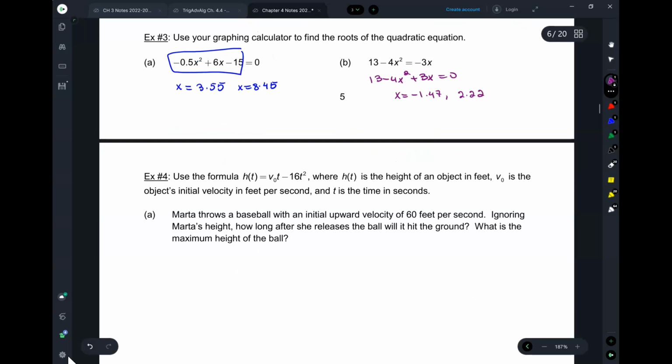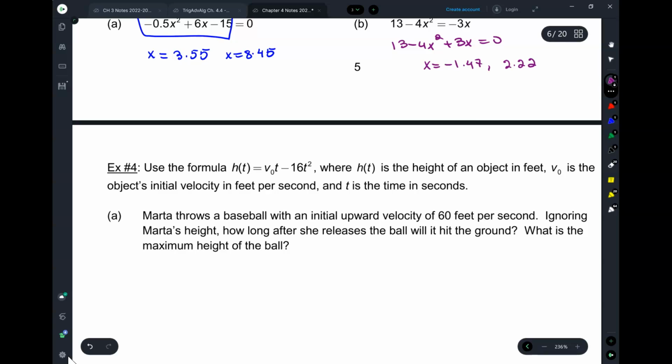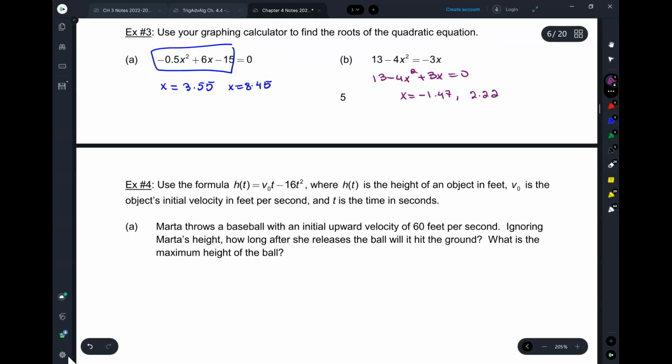Okay, so we're going to use this formula. H is equal to V subscript 0. The way we read it is V naught, N-O-T, V naught. It means initial V, T minus 16T squared, where H is the height of an object in feet, V naught is the object's initial velocity in feet per second, and T is time in seconds, okay?